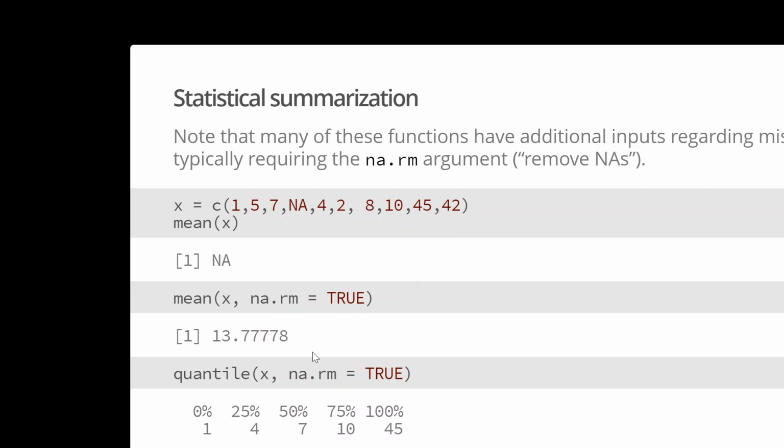And so if you do have any missing values, you say na.rm equals TRUE, and again, it's FALSE by default, so it'll say, don't remove missing data, just return an NA. If you say na.rm equals TRUE, it says, hey, now this is the mean, and so it'll basically remove this value, sum up the rest of the vector, and then count how many non-missing values there were to divide by. And again, if you want to use quantile, you also have to say na.rm equals TRUE, otherwise you'll get NAs for each of the percentiles.